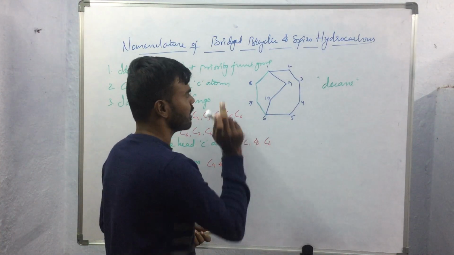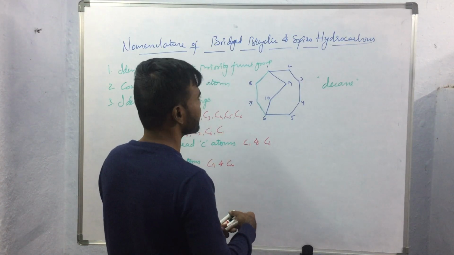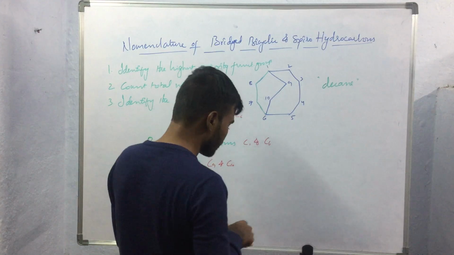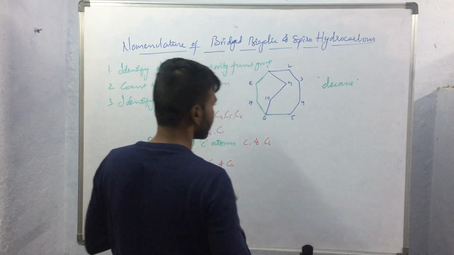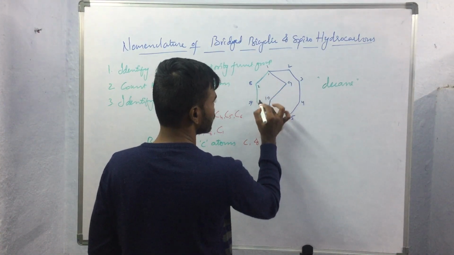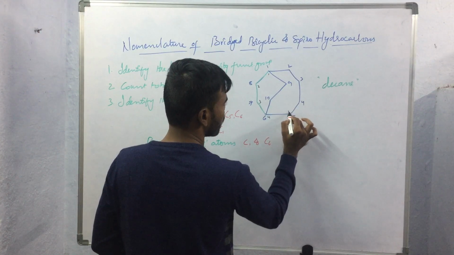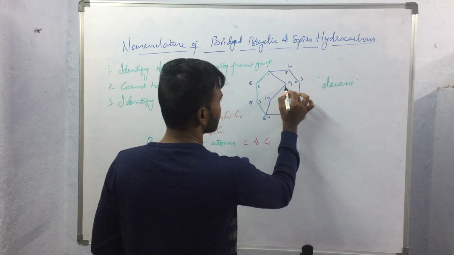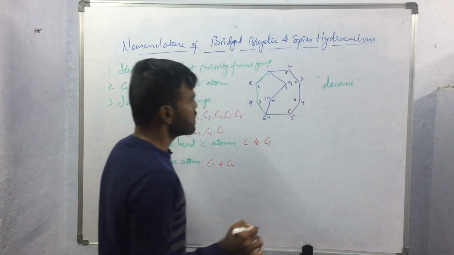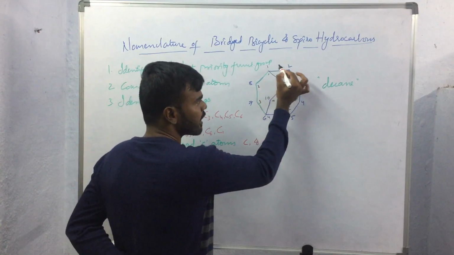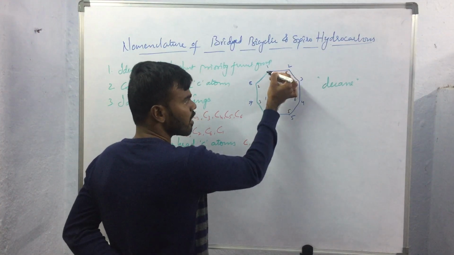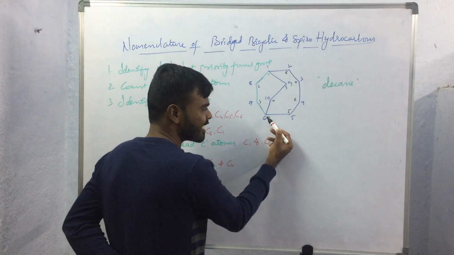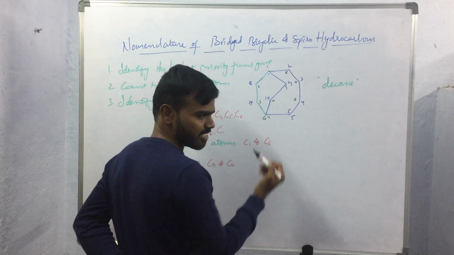In this compound, we can give numbering in two ways. This will be one way, and another way we can give numbering like 1, 2, 3, 4, 5, 6, 7, 8, 9 and 10. If we give numbering in this path, this will be the first bridgehead carbon atom and the second bridgehead carbon atom will get the number 6.